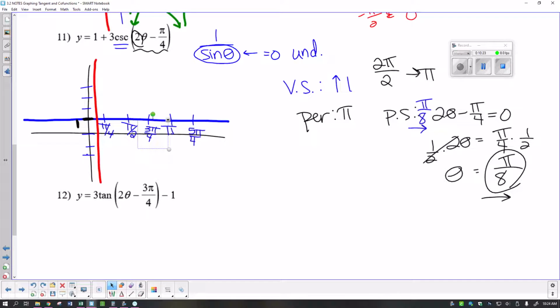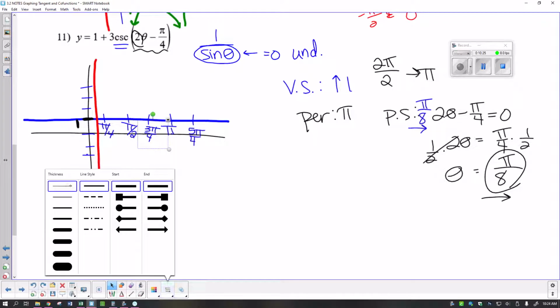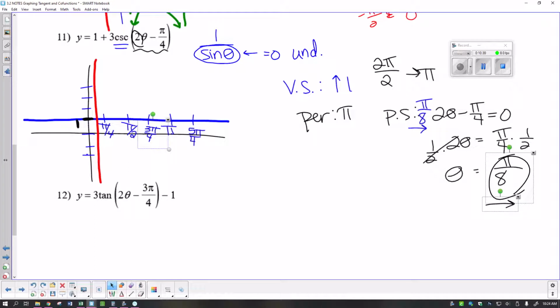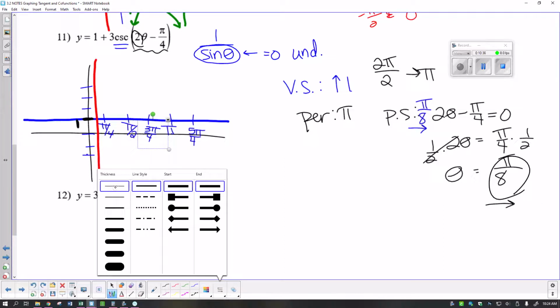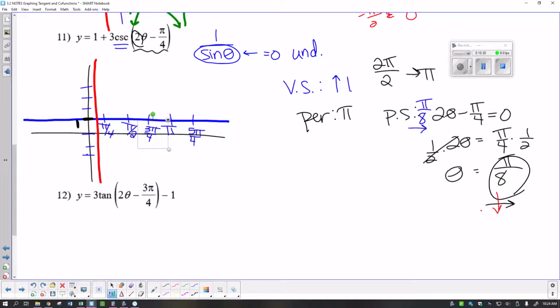So maybe make yourself a note so that makes sense to you when you look back at this. This one will be between 0 and pi over 4, right in between when we do our phase shift. So I move that over.